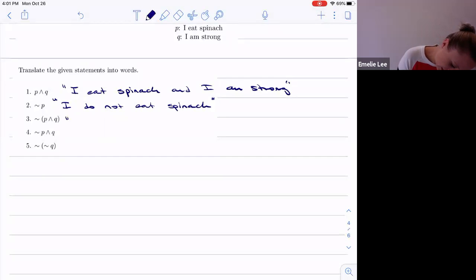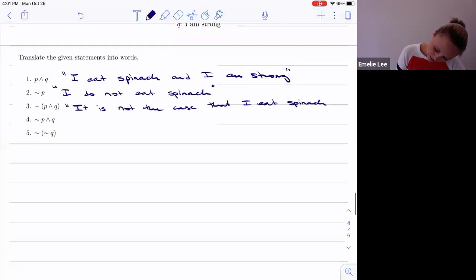And so what I can do, and here's one of those funny sounding things, is I would say something like, it is not the case that I eat spinach and I am strong.